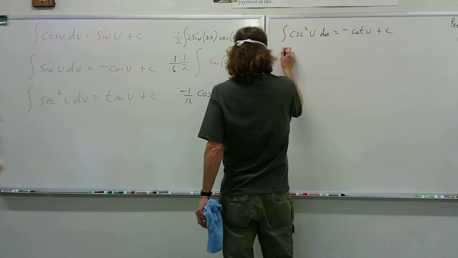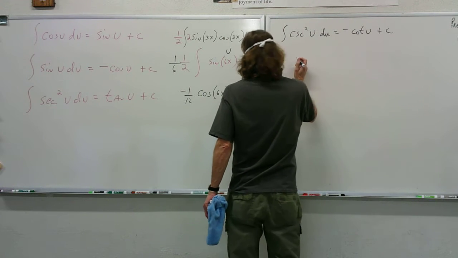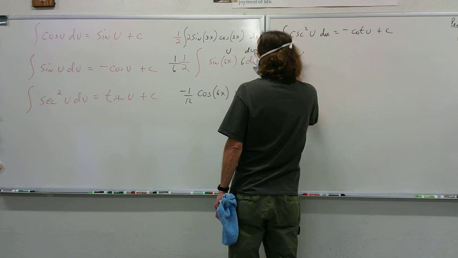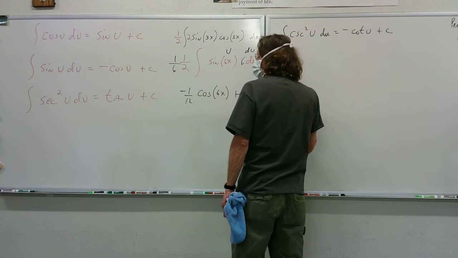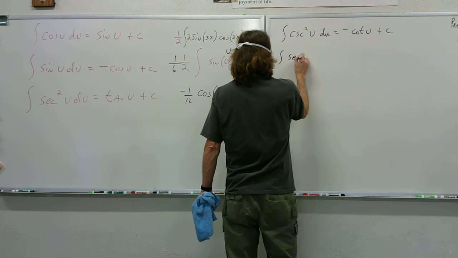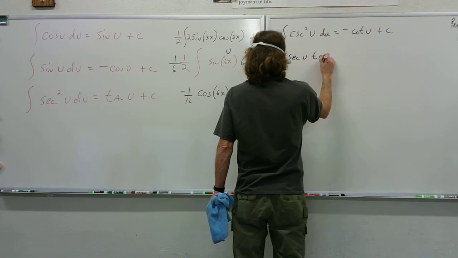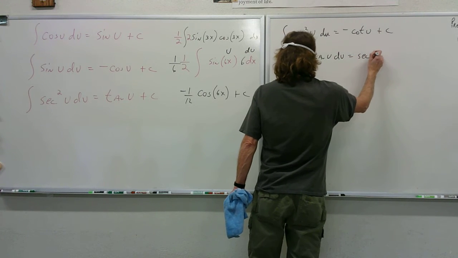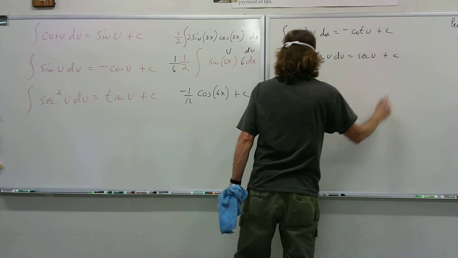The integral rule for secant u tangent u du is equal to secant u plus c.